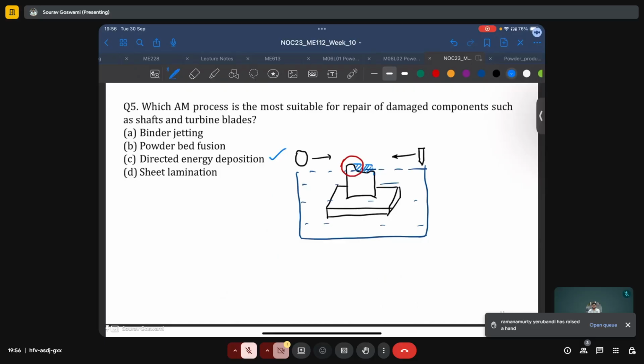So if you try to print this using, say, a sheet-based process, we will have the same width of sheet coming in each layer, and it will again collide with this already existing region. And so none of these other processes are suitable apart from directed energy deposition, a case of which was already illustrated during the lectures.